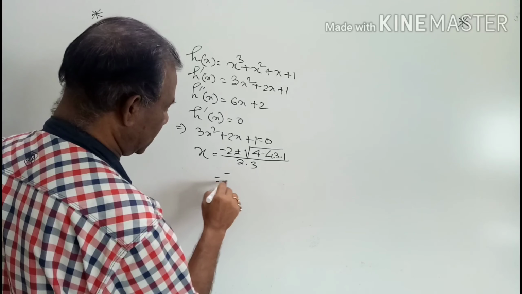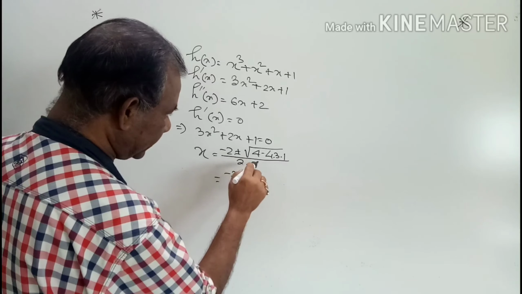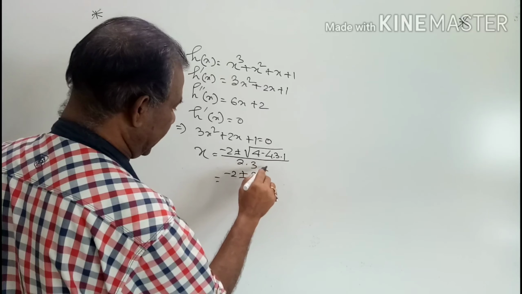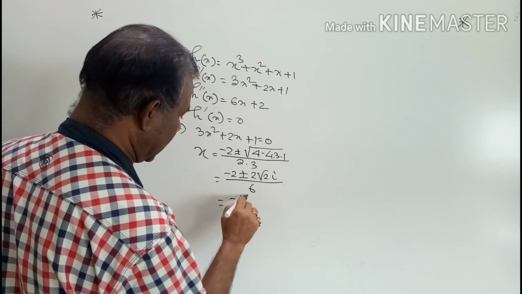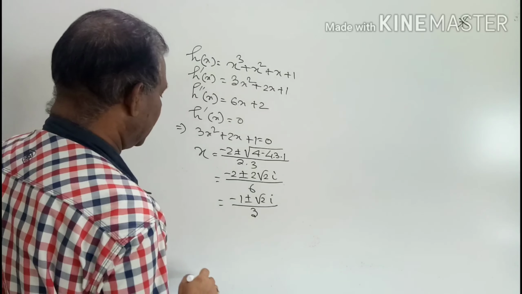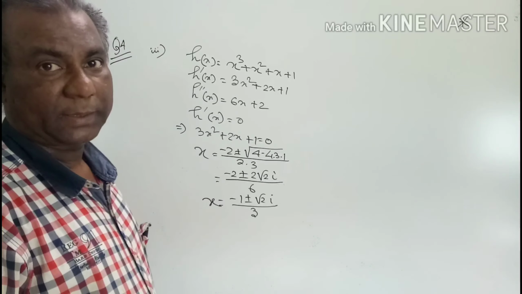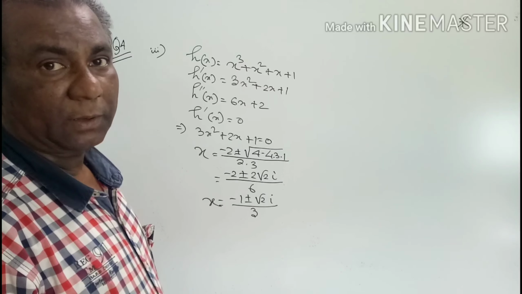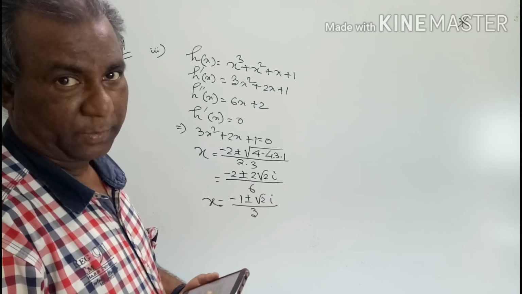So minus 2 plus minus root over 4 minus 12, that is minus 8, 2 root 2i, by 6. That is minus 1 plus minus root 2i by 3. Which shows that the value of x is imaginary, does not belong to R. So we cannot find any number for which the given function has maximum or minimum values.